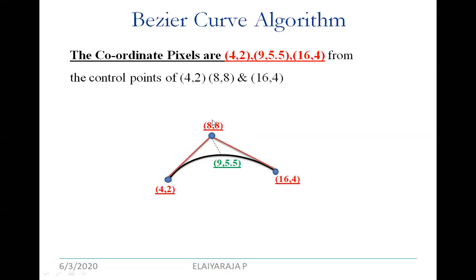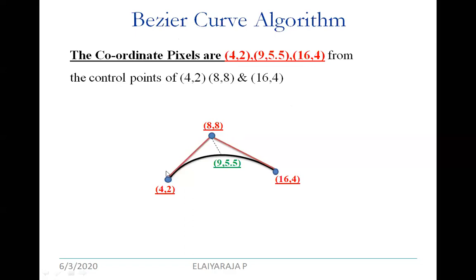The midpoint is 8 comma 8 as said in the problem, but after we derive u equal to 0.5 at the mid position, we got 9 comma 5.5. So the coordinate pixels are 4 comma 2, 9 comma 5.5 and 16 comma 4, which are derived from the control points 4 comma 2, 8 comma 8 and 16 comma 4.